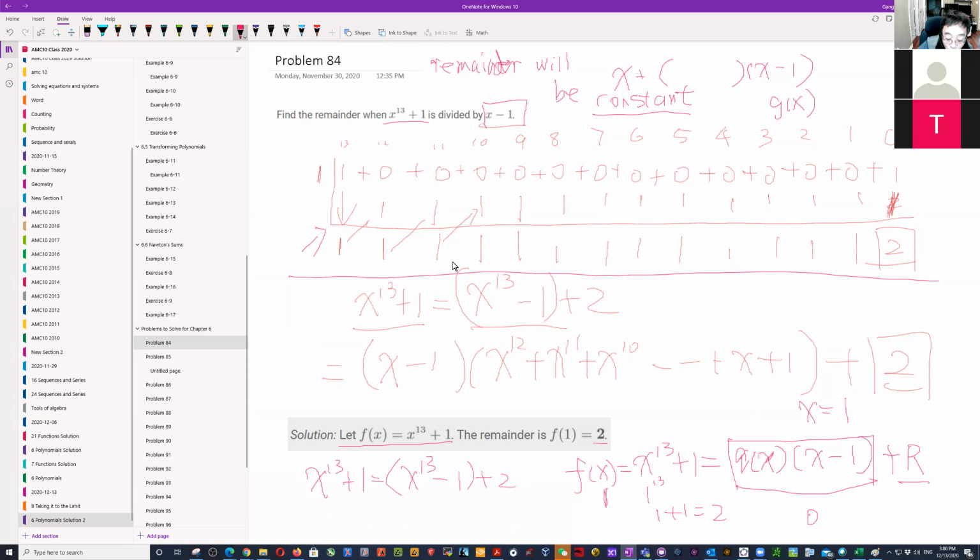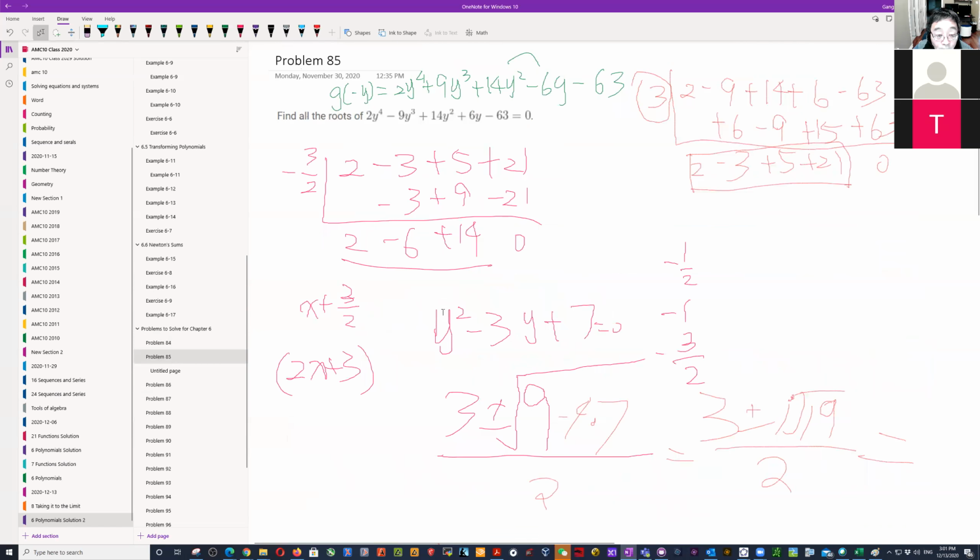If you know the factoring formula for x to any power minus 1, you can always factor it this way. So you get a remainder of 2. That's the first one.